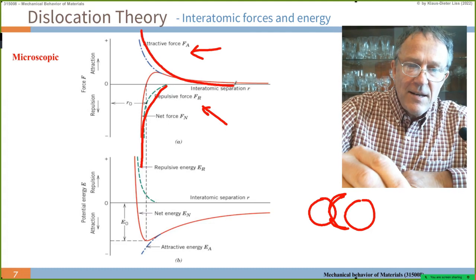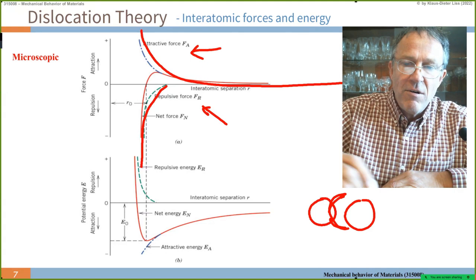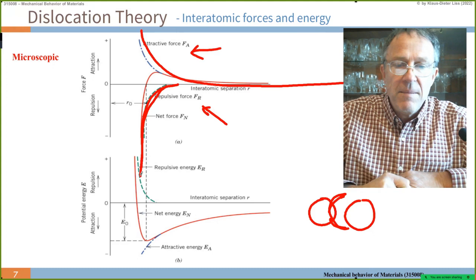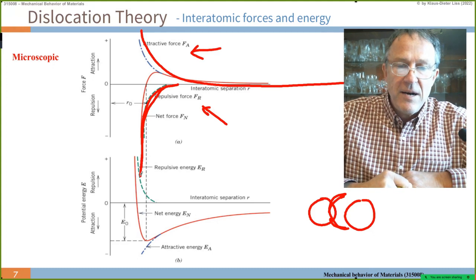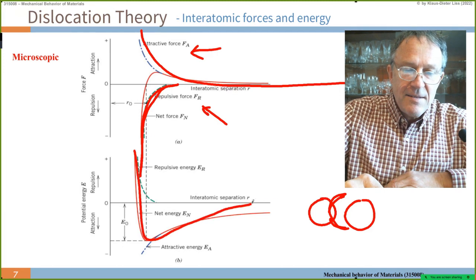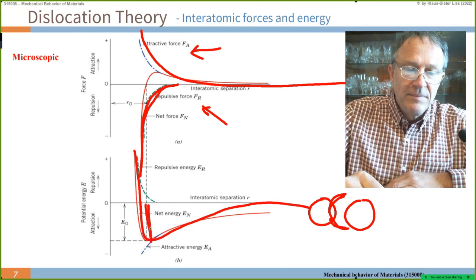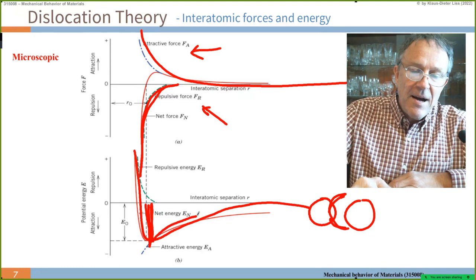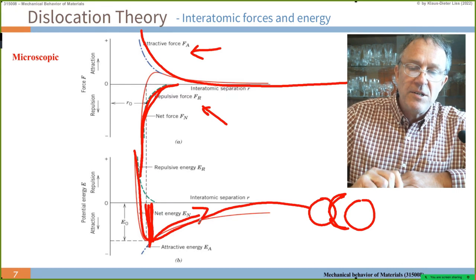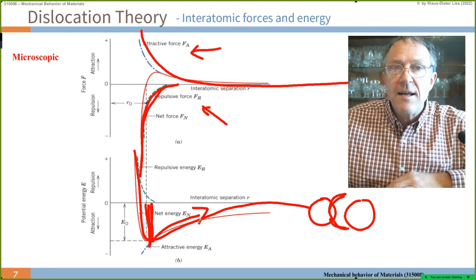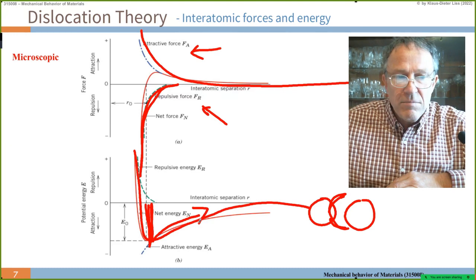So we have the attractive forces, which are usually long range, and then we have the relatively short range, higher potential repulsive forces. If you put them both together, we get this energy landscape with a minimum, and that's where the atoms are sitting. So if we bring the atoms apart, we have to go up this potential hill, and that costs energy and stress.